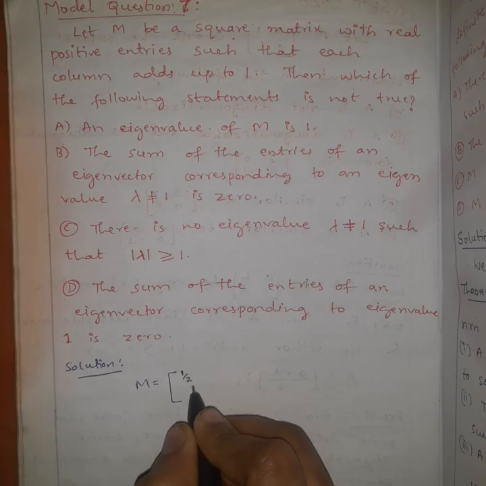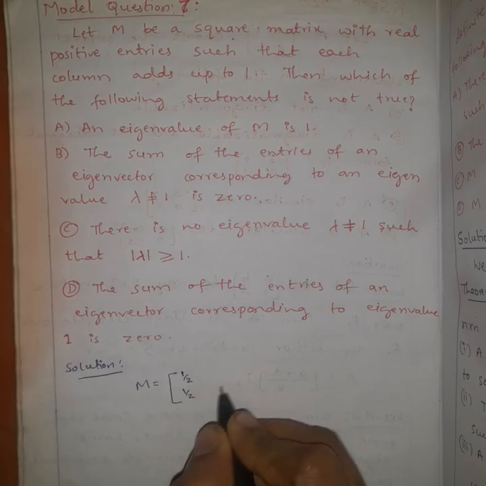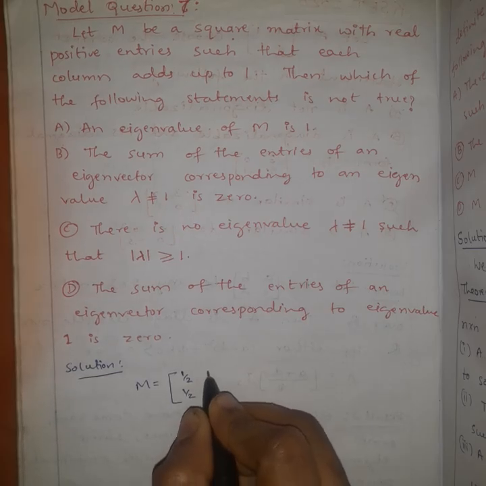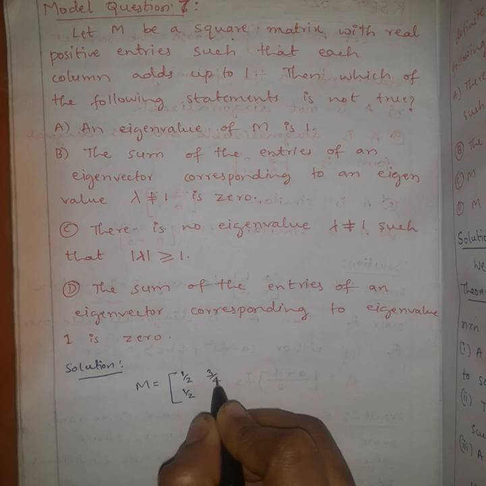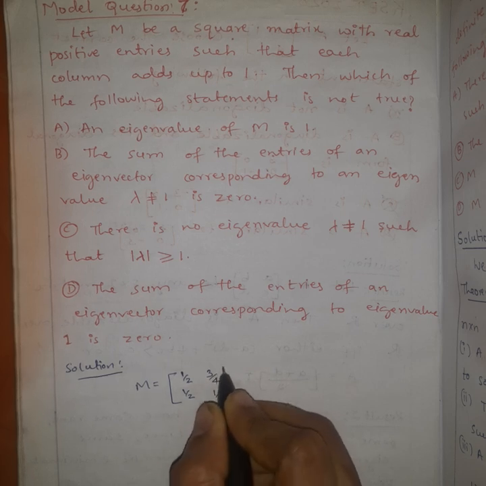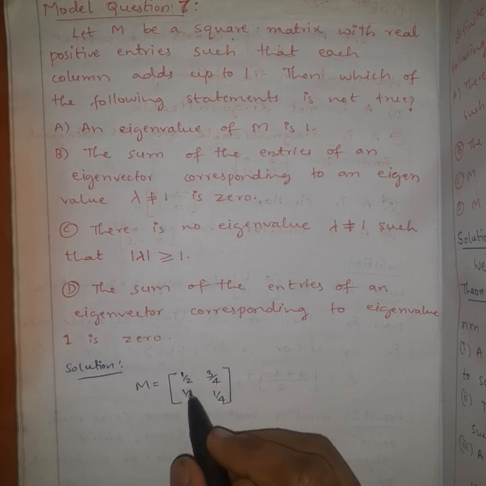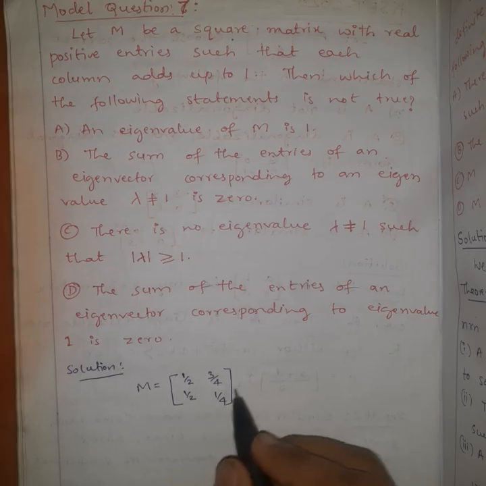I will take 1 by 2 in the first column, and here I will take 3 by 4 and 1 by 4. Clearly the sum of entries in the first column is 1 as well as the sum of entries in the second column is 1.